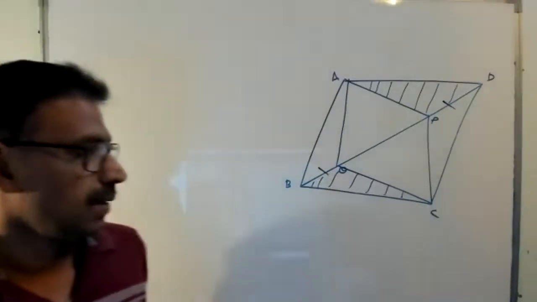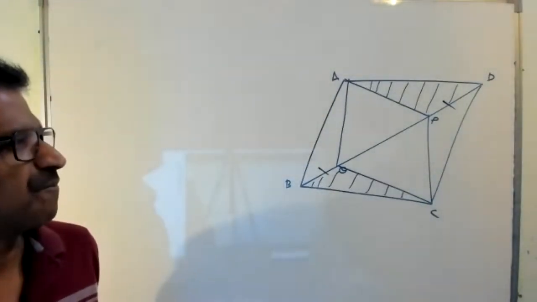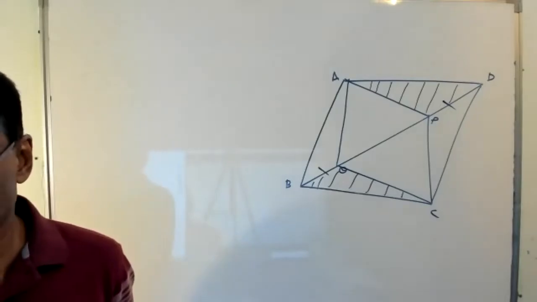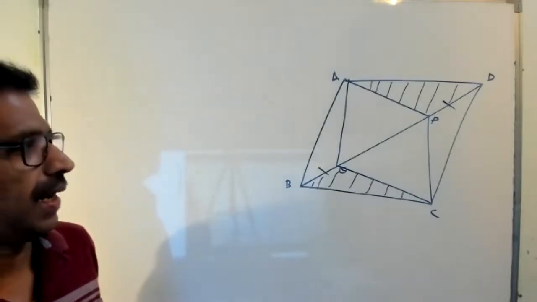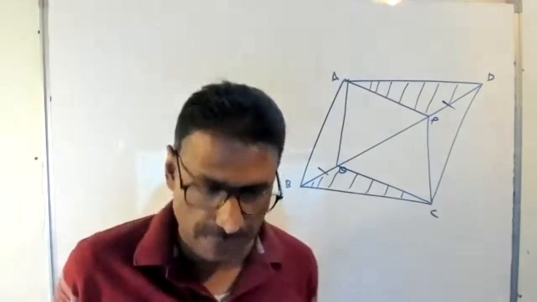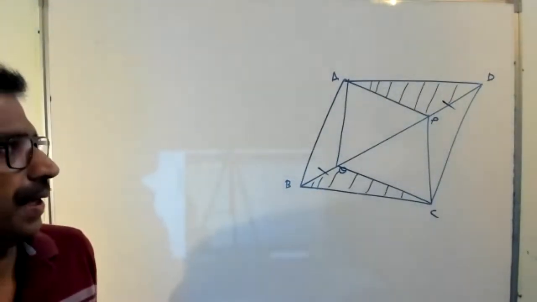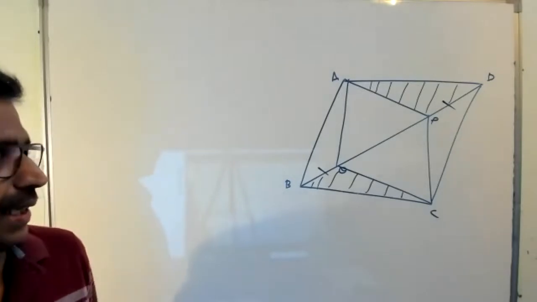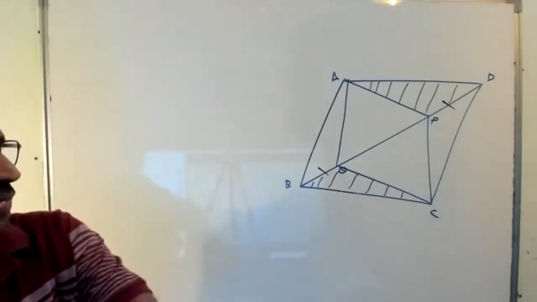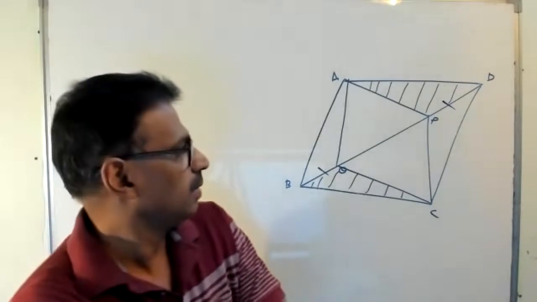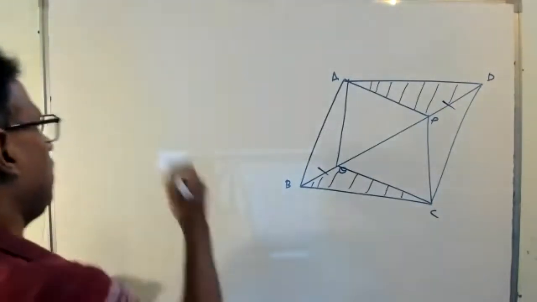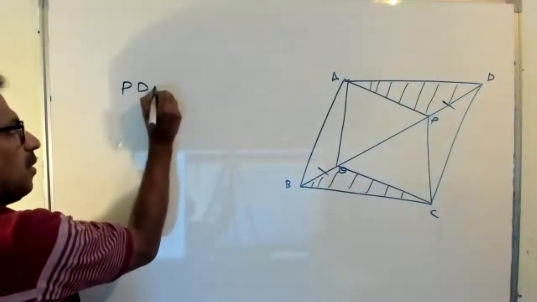In triangles APD and CQB, any side equal here? PD and BQ. Okay, PD equal to BQ.